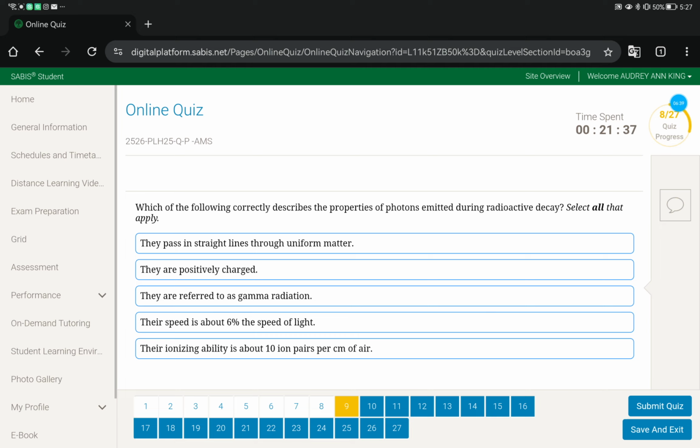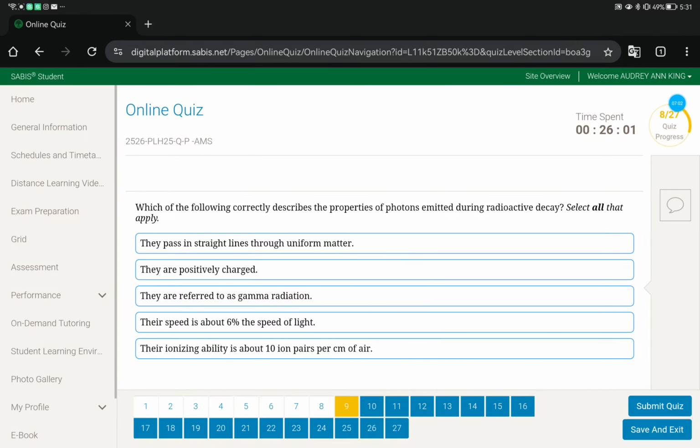Which of the following correctly describe properties of photons emitted during radioactive decay? Select all that apply. Photons are sources of electromagnetic radiation as waves or as particles, and they're weightless.